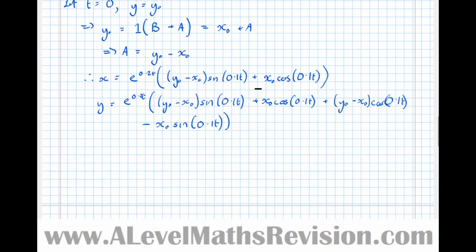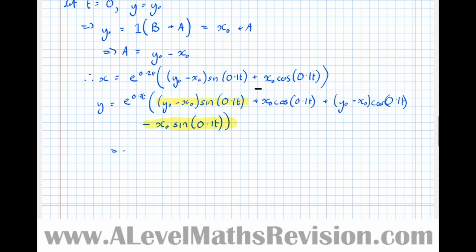And now gathering up all the sine of 0.1t terms, so I can see that here's the sine 0.1t terms here, and here's one here. So I gather them all up into one neat bundle.